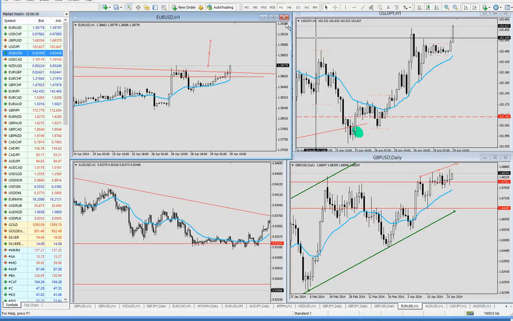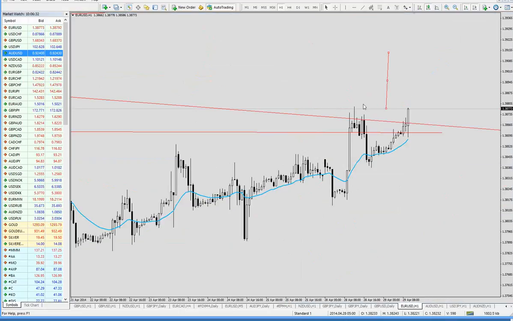So if not here, then some breakout traders can join the move to the upside. Okay. We have a tight stop here. Still remember that's a 55 pips daily range on euro dollar. Okay.